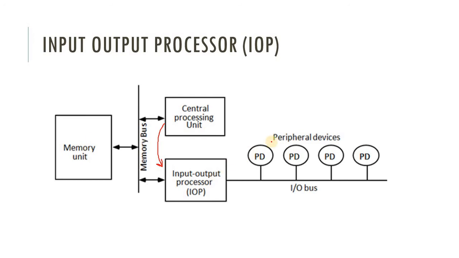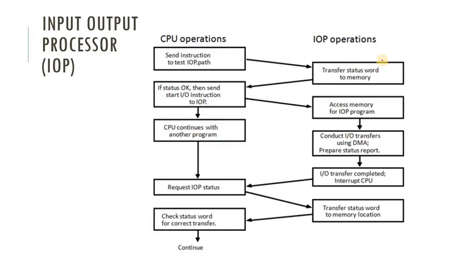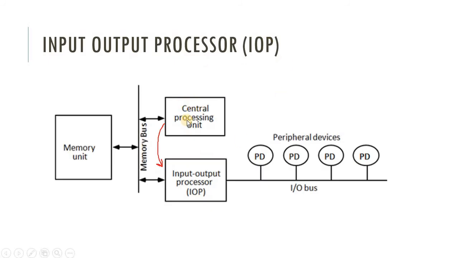Now let's understand how it works. This is the communication between IO and CPU. When the CPU gets a request for the IO transfer, it sends the instruction. But the CPU does not directly send the instruction to the IO processor.